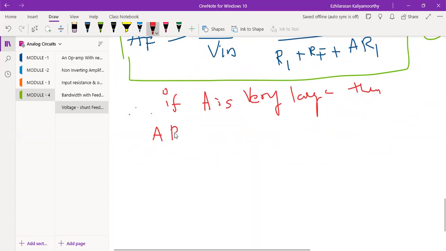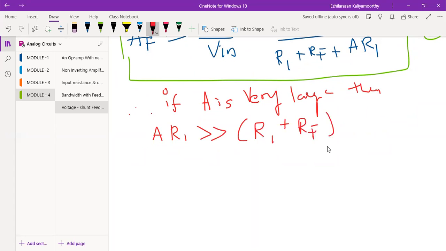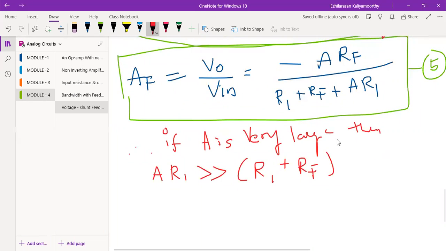AR1 will be very, very much larger than R1 plus RF. I hope you understood that, right? So the internal gain A will be very, very large. Ideally, it will be infinite. That is why I can say AR1 is very, very much larger than the term R1 plus RF.